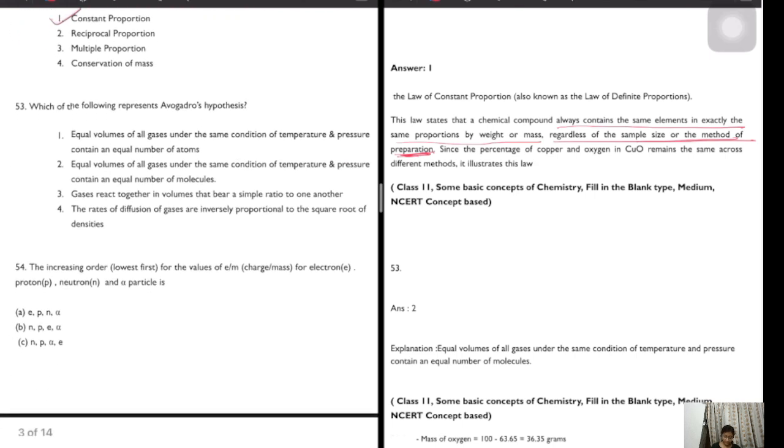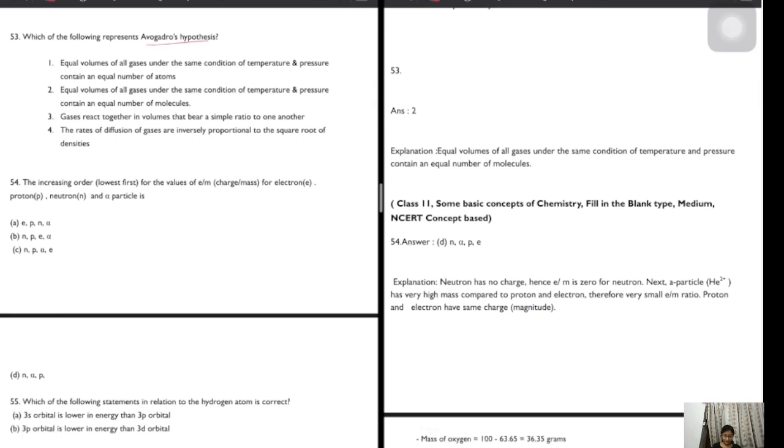Now let's see the next question. Which of the following represents Avogadro's hypothesis? What is Avogadro's hypothesis first? That equal volumes of all gases under the same conditions of temperature and pressure will contain an equal number of molecules, right?